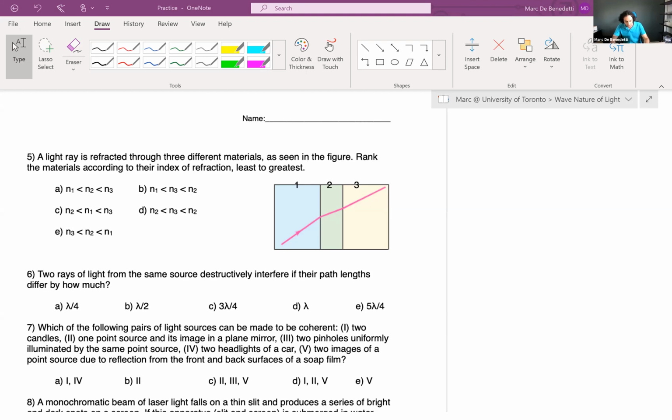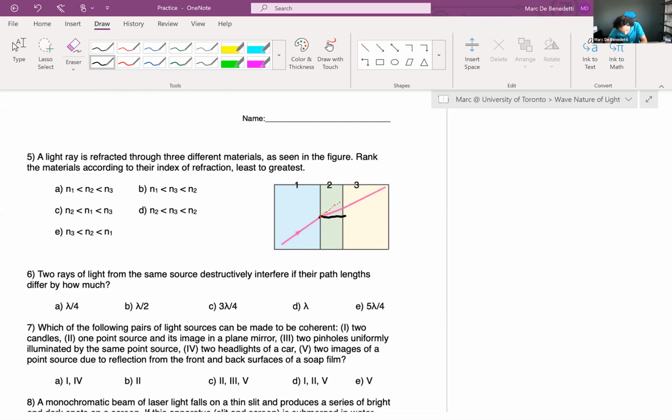Like I said, the hint was Snell's law. So let's look here. If we extend this line right there, it got bent, obviously, because it's going into a different medium. The question is, did it get bent toward the normal or away from the normal? The normal of the surface is here, and it looks like it got bent toward the normal of the surface.